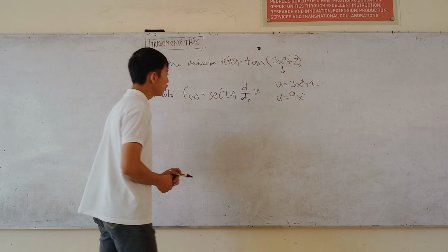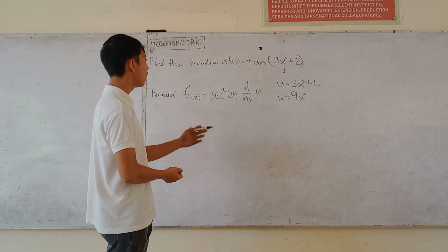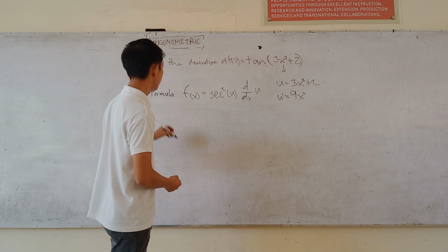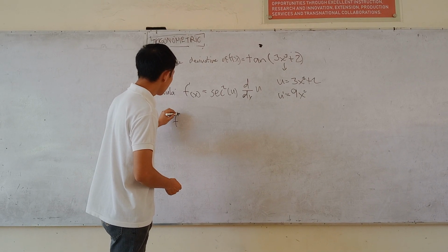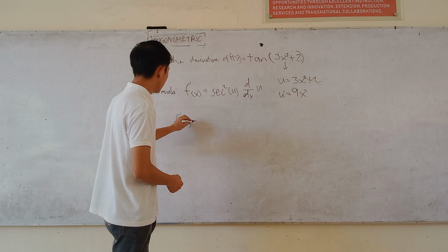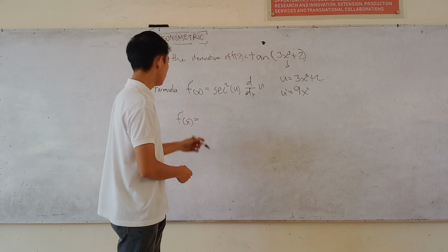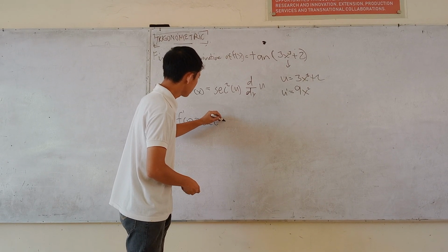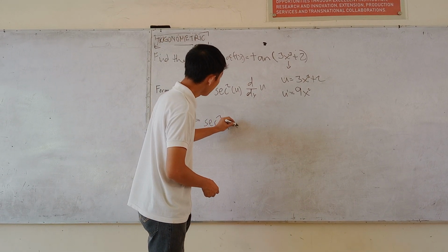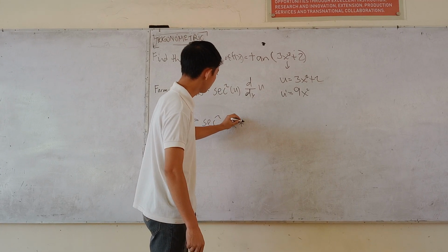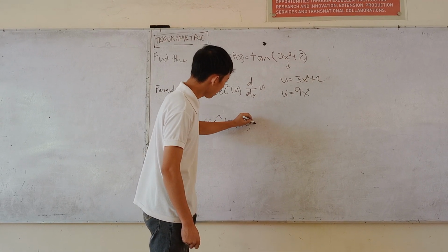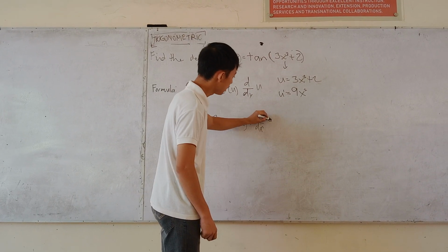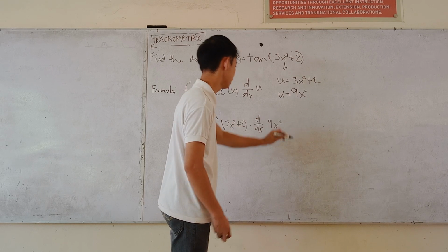Next, we have to substitute the given problem into the formula. So the derivative of f of x is equal to secant squared of 3x cubed plus 2, times the derivative of u, which is 9x squared.